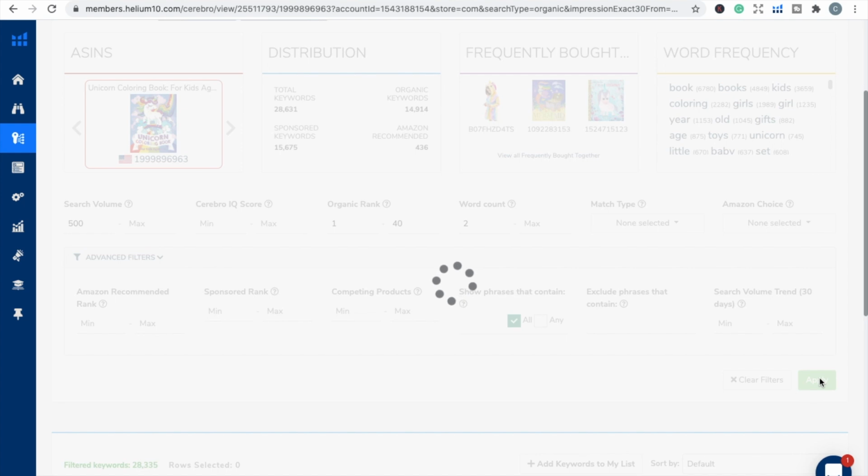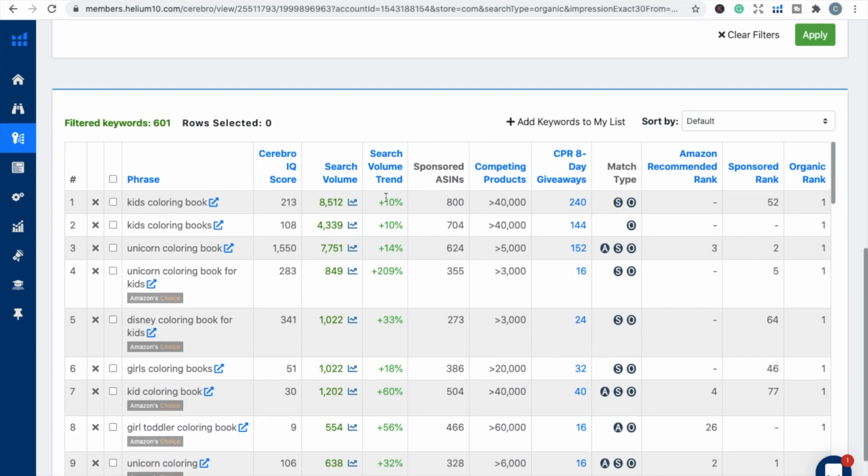If we apply that filter, we have 601 keywords that this book is ranking for organically. So you may be concerned that a book is only ranking for certain keywords or for all their keywords because they run ads, and you don't have a budget or a big enough budget to compete with a book that is in the top 200 of all books on Amazon. So this is a good way to see what keywords they are actually ranking for organically.